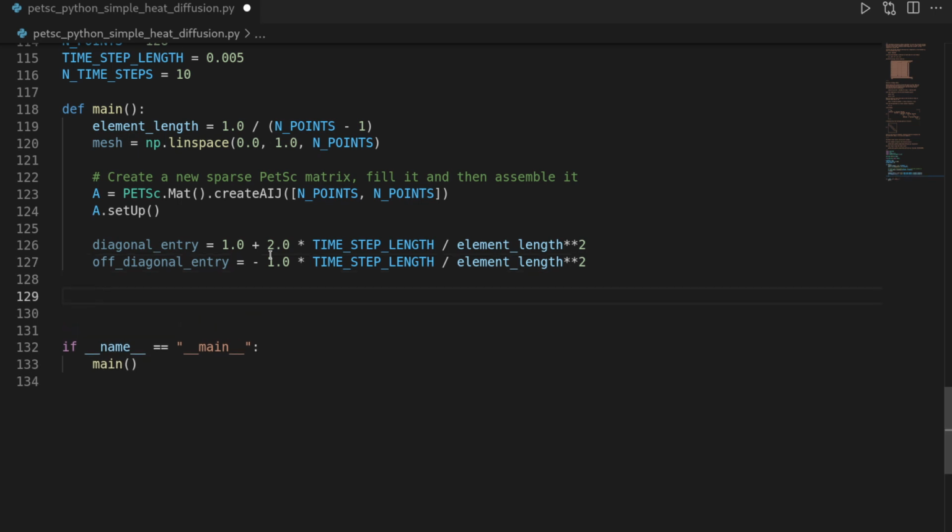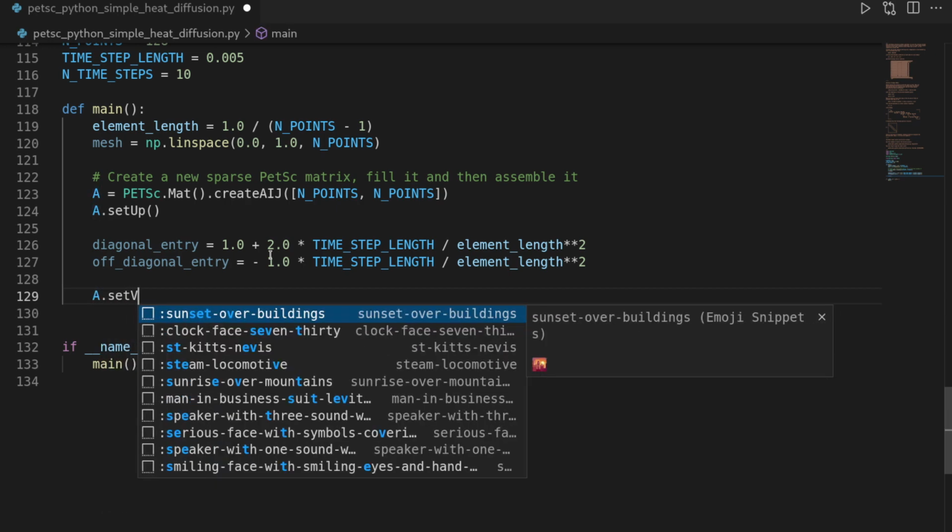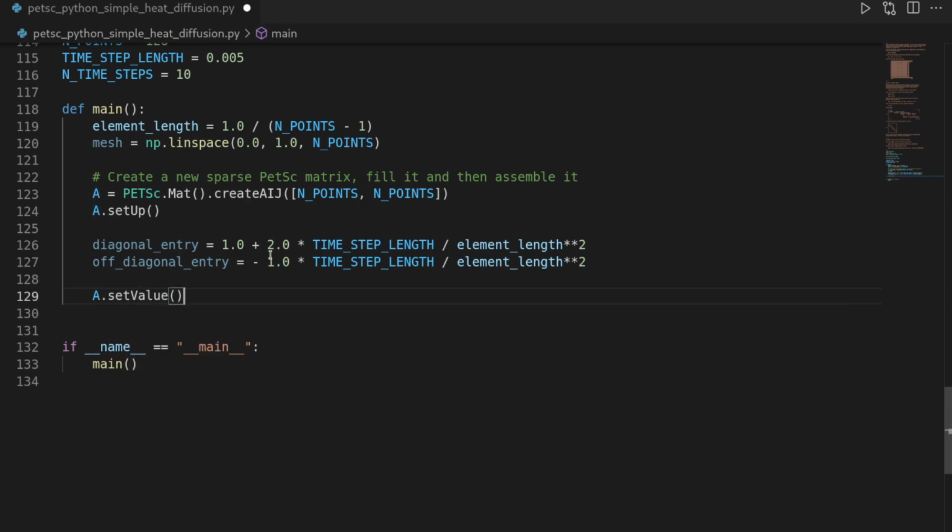Then before we assemble the actual tri-diagonal part of the matrix, let's fix the ones on the top left and bottom right of the matrix by saying A.setValue. And then we have to use indices similar to how you would index NumPy arrays. So let's say 0, 0, 0th row, 0th column, say 1.0.